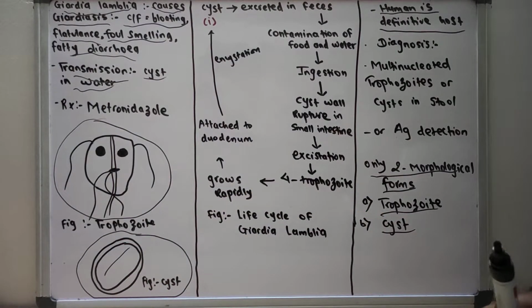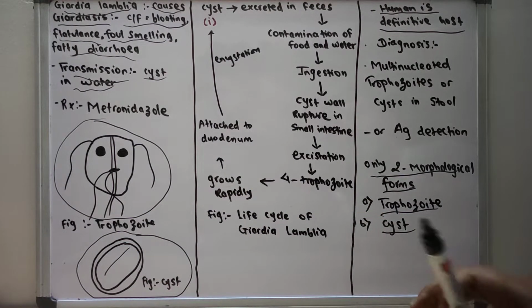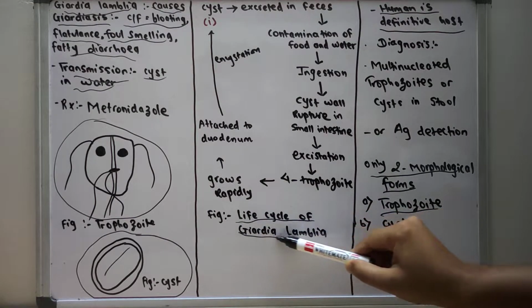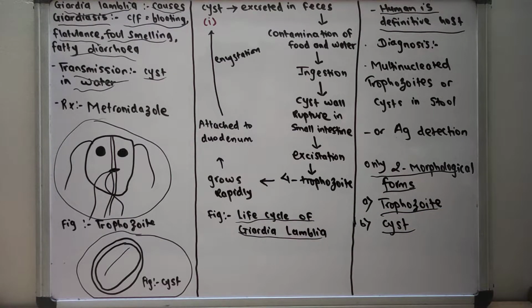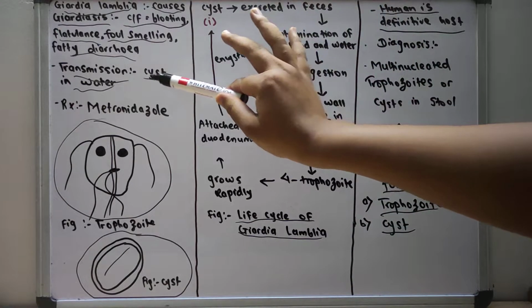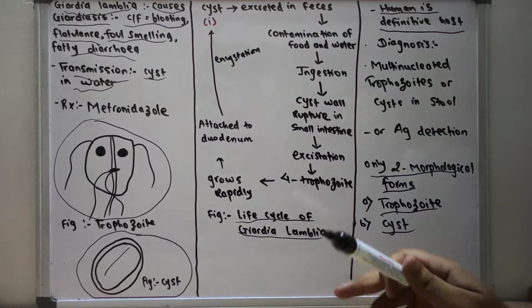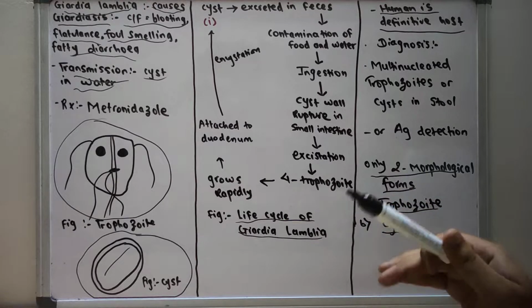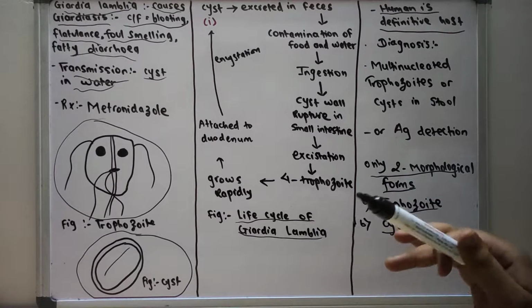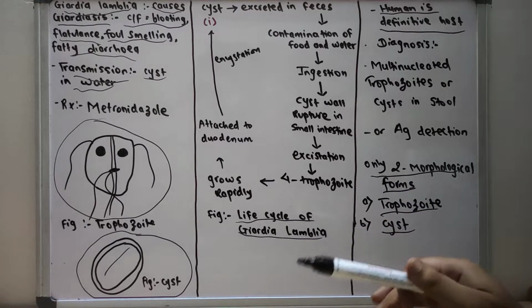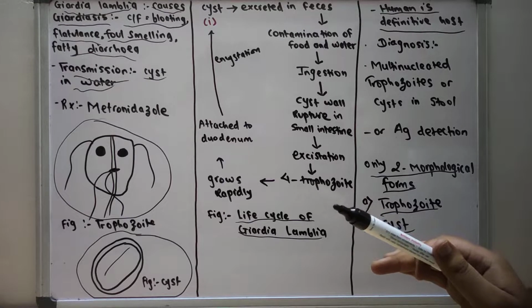Now let us talk about the life cycle of Giardia lamblia. I have already said that transmission of Giardia lamblia occurs through ingestion of contaminated water and food. If the cyst of Giardia lamblia is present in the water and food, then we get infected with this parasite.